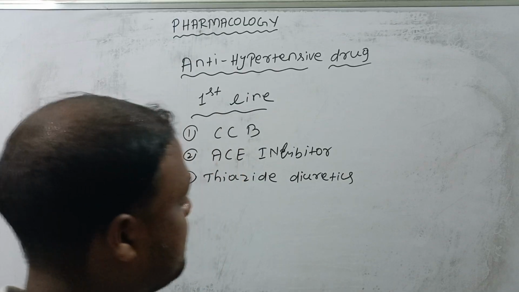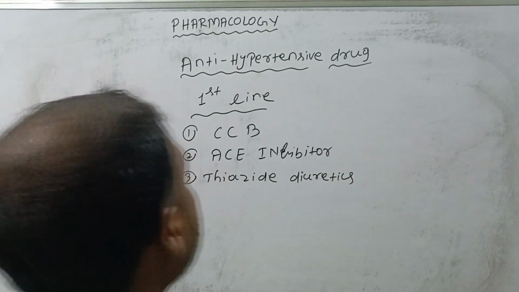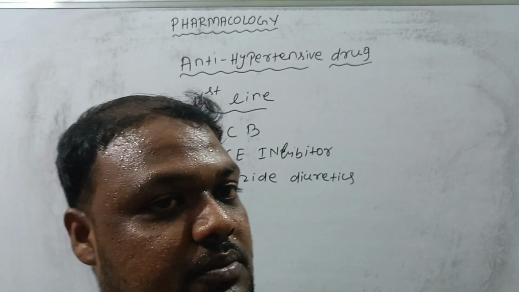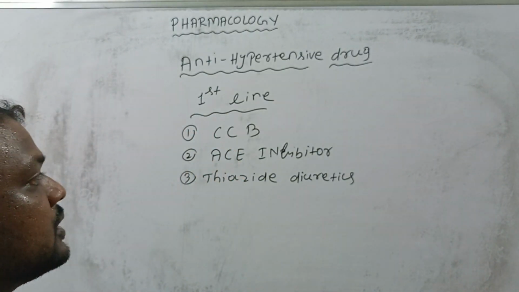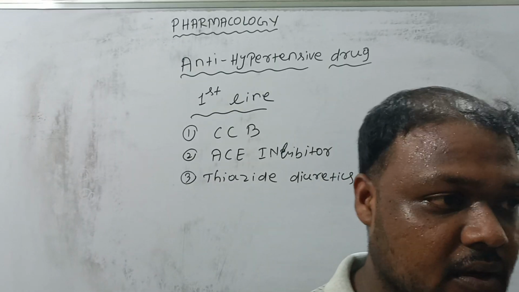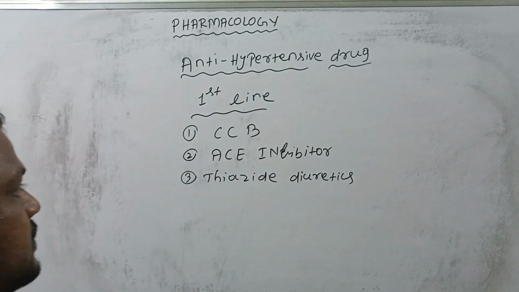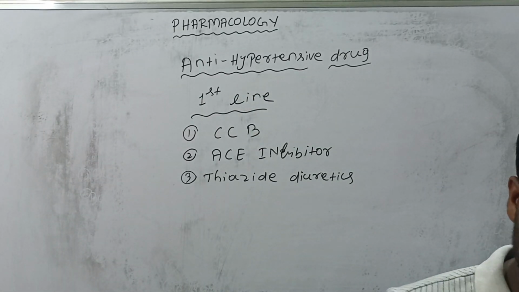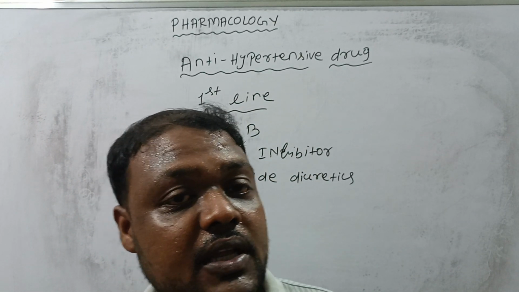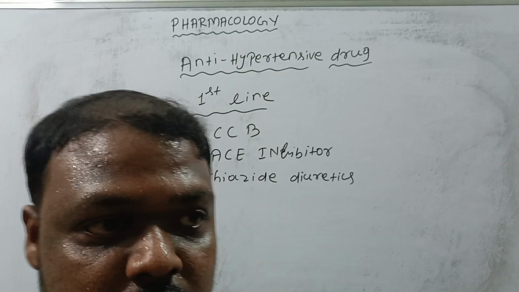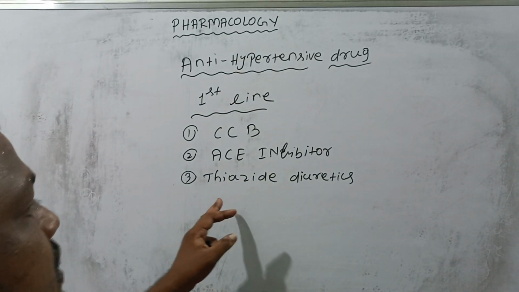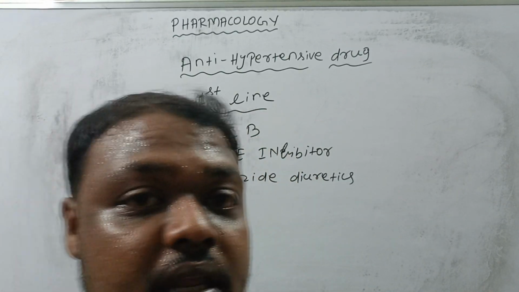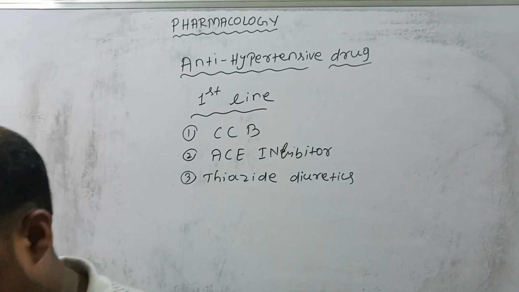The first line anti-hypertensives are the CCB, the calcium channel blocker, for example nifedipine; the ACE inhibitor, the angiotensin converting enzyme inhibitor, for example enalapril; and the thiazide diuretics. That is the first line anti-hypertensive drug.